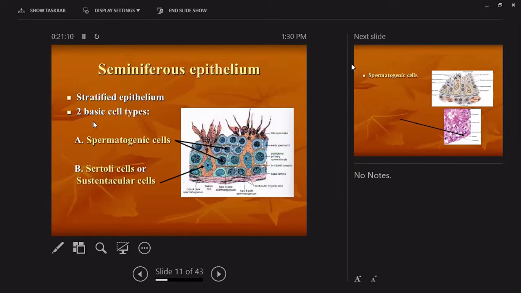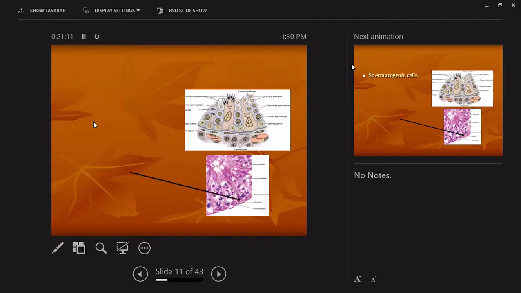Again, here is another view of the spermatogenic cells. This is an illustration, because you can see here your secondary spermatocyte. Spermatogonium, primary spermatocyte, secondary spermatocyte, early spermatids, and then the late spermatid, and then you will have your sperm.